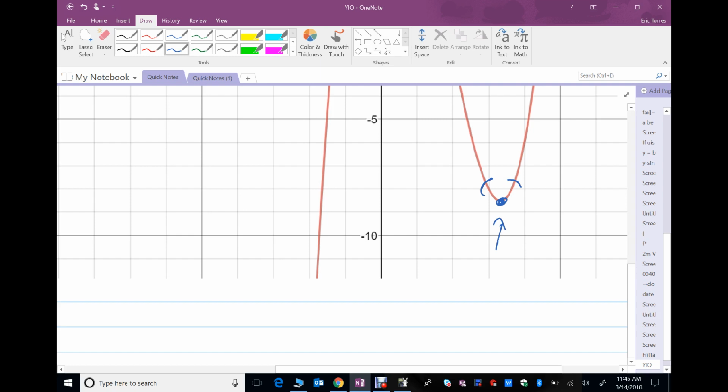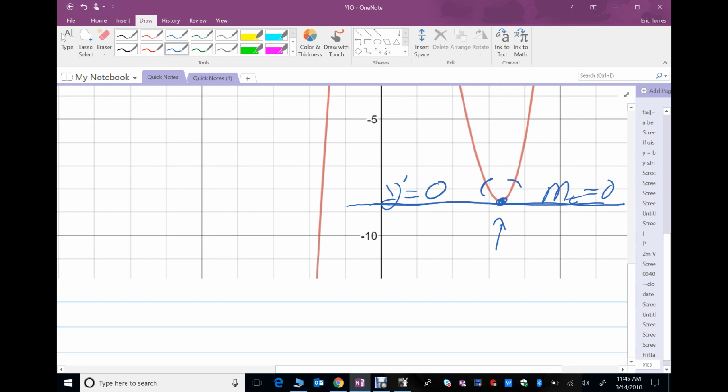So that is a local minimum. And once again, if I was to draw its tangent, not the best line ever, the slope of this tangent line is 0. Or, another way of saying it, the derivative of the function is 0 at this point.